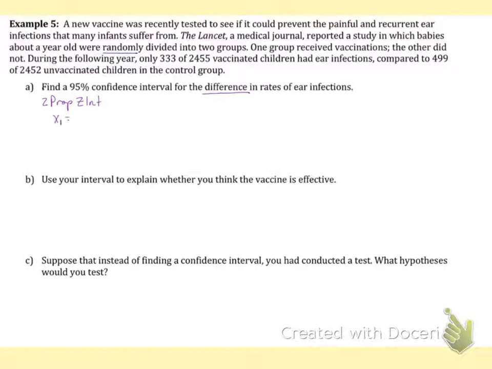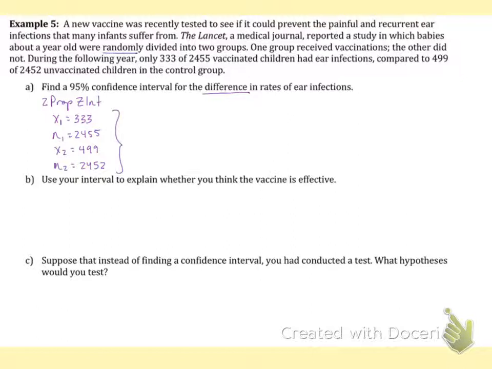X1 we'll choose to be 333, and N1 will be 2455. X2 will be 499, and N2 will be 2452, and our C-level is going to be 0.95.